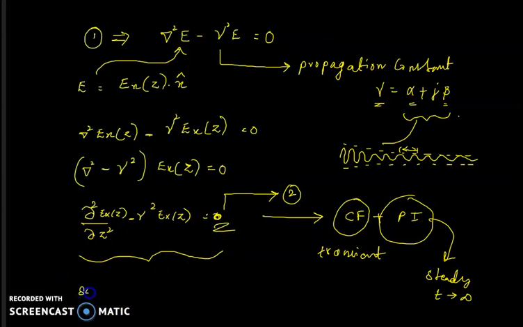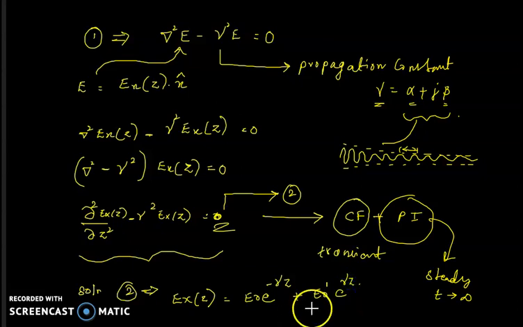The solution of equation number 2, E of x, that is propagating along the z-axis, has two terms: E naught e power minus gamma z plus E naught dash e power gamma z. So this one is the particular integral, and this is the complementary function.